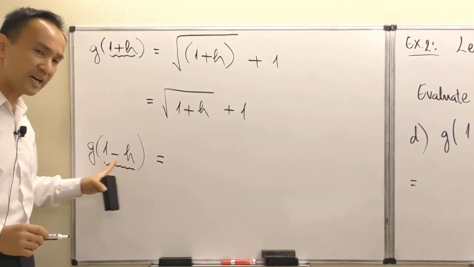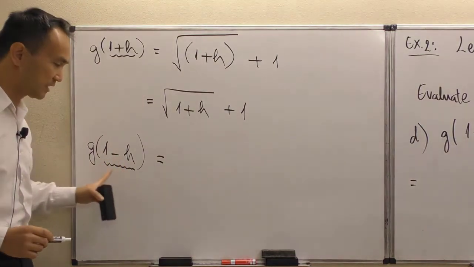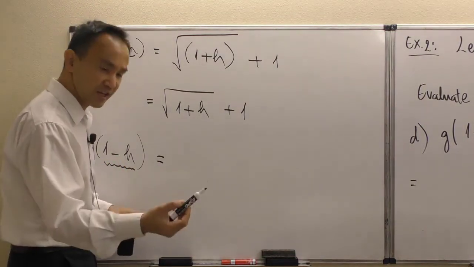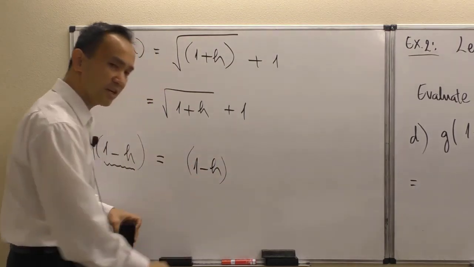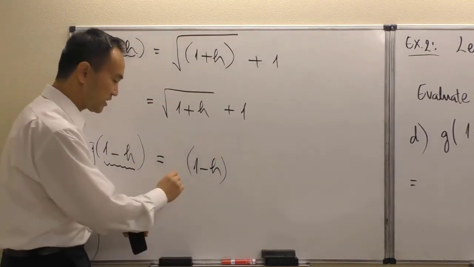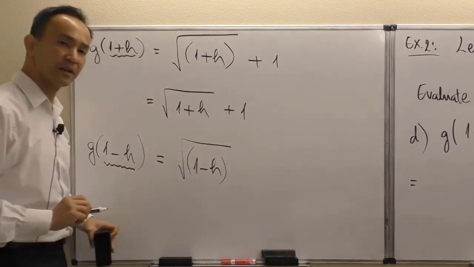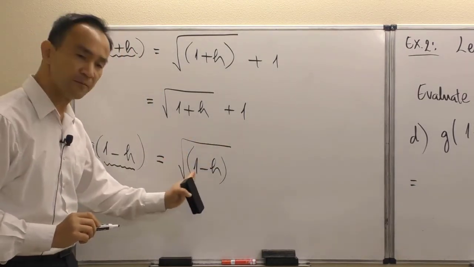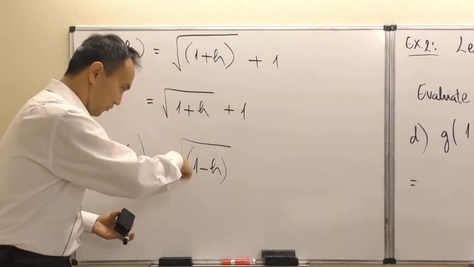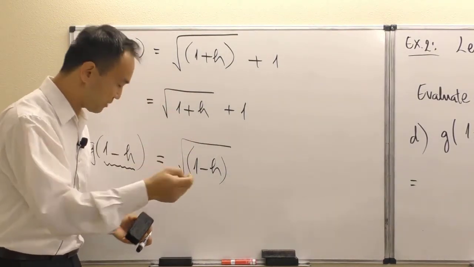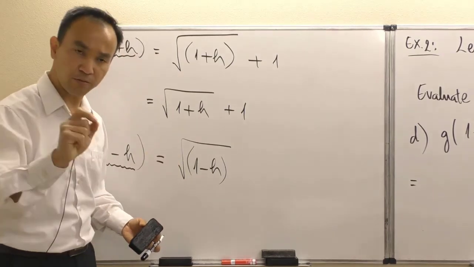Once you have recognized clearly your input, you say out loud, for whatever input that is, the rule says we take the square root of the input. So now it appears as the square root of 1 minus h. See? Once you recognize the input, writing that down is just the consequence, because the rule said so. The rule applies on that input.